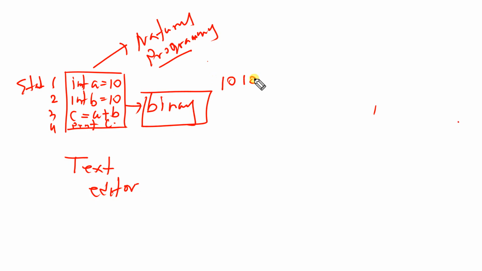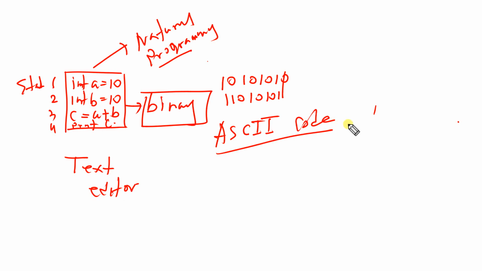So that bytecode should be generated. Each and every character, normally we use ASCII code. You know ASCII, American Standard Code for Information Interchange. How many bits are there? Anyone? This is your syllabus, right? How many bits are there in this American Standard Code for Information Interchange?